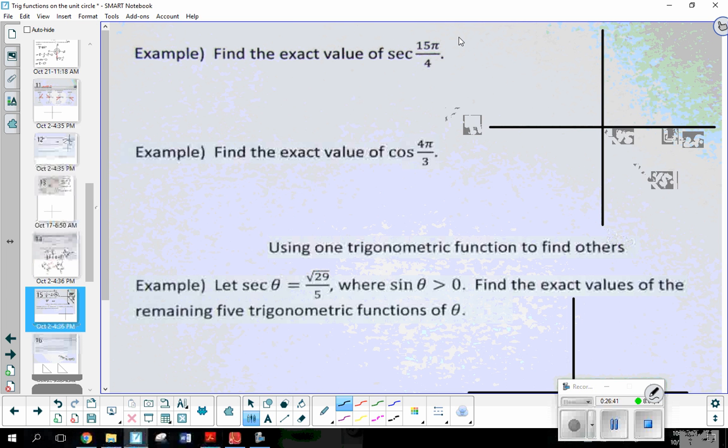Now, we've already done 4 pi over 3. Let's do something we haven't seen since yesterday. How about 7 pi over 2? Okay, change it to something different. So cosine of 7 pi over 2. So you guys walk me through this one. First, where would 7 pi over 2 put me?